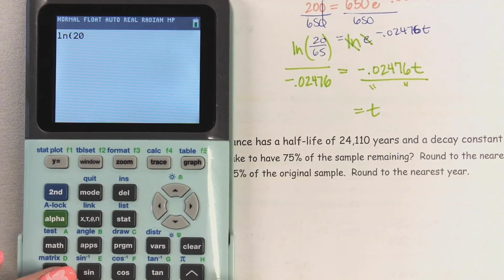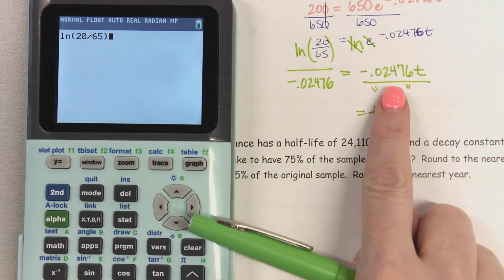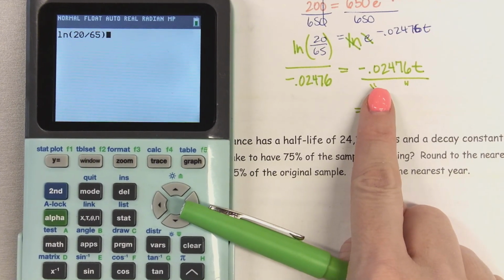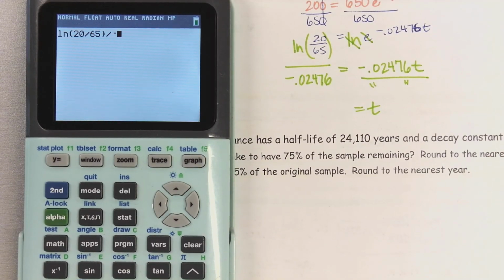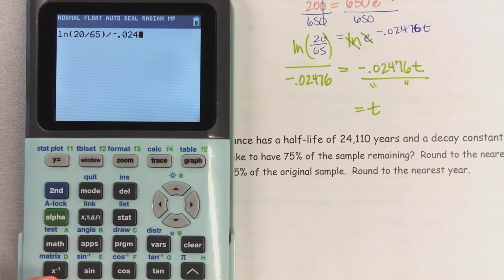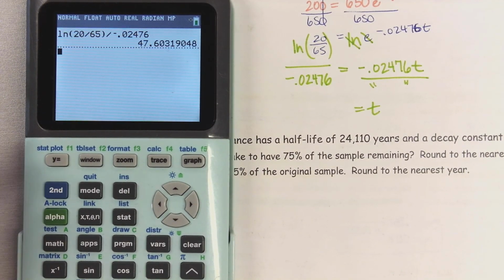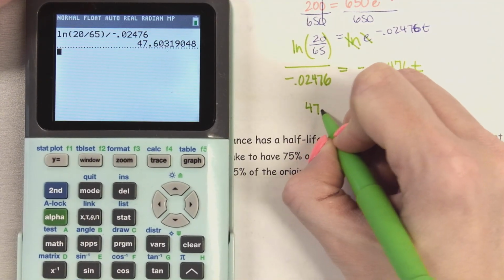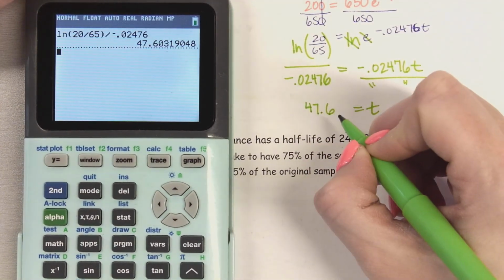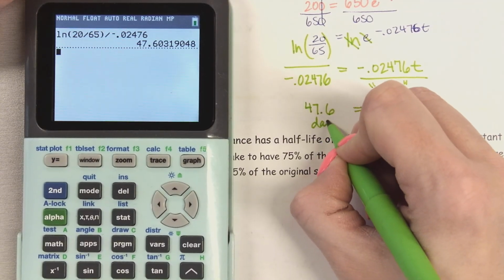So now we're doing the natural log of 20 divided by 65. Okay, and then if you're writing it over here, I said it was okay if you just put those quotes to show that you're dividing by that same value. Okay, and then this did say to round to the nearest tenth, so 47.6, and then this is measured in days.